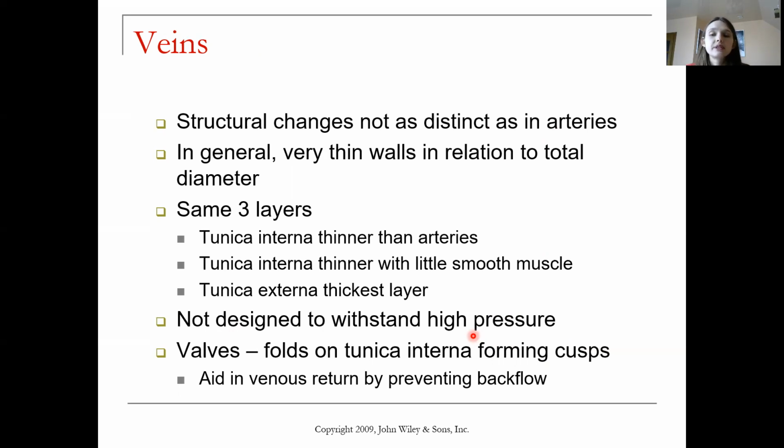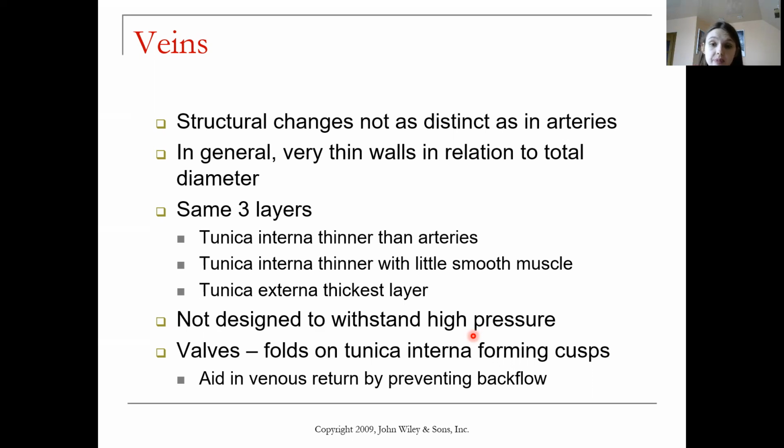Tunica interna is thinner than in the arteries. Tunica media has a small level of smooth muscle, and tunica externa is the thickest layer, even in comparison with the arteries.